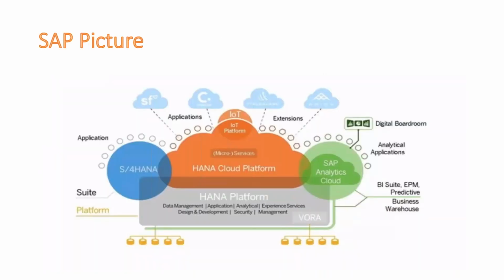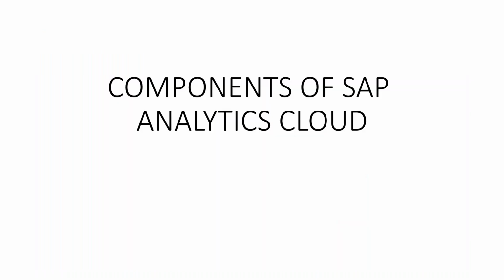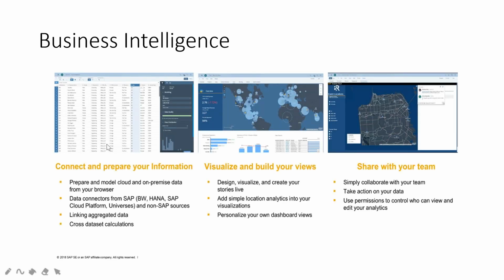With BW, HANA and S4 HANA, which are data warehousing solutions, the connection will mostly be live. But connections to SuccessFactors, Concur, Ariba, C4, or Oracle or Microsoft systems will mostly be acquired data connections, where we physically extract and import the data, and then model and report on it. So connect your different systems, prepare your information, meaning model the data, and then visualize.